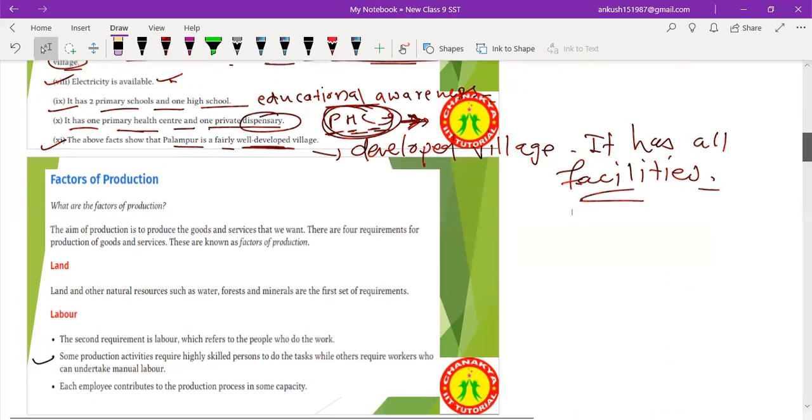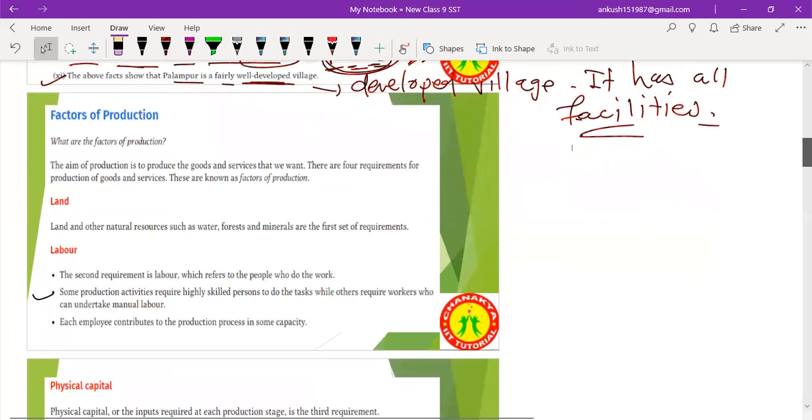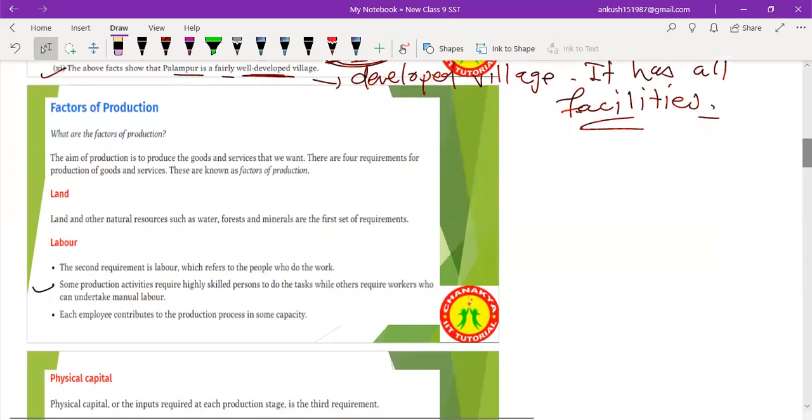Now, the most important thing that we are going to study is the factors involved in the production process. Every activity needs input. What does it need?